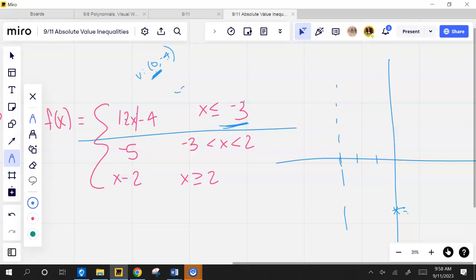And when I plug in negative 3, what do I get back out? Two times negative 3 is negative 6, but it's absolute value, so it's positive 6 minus 4, which is 2. Open or closed? Closed. So negative 3, 2.